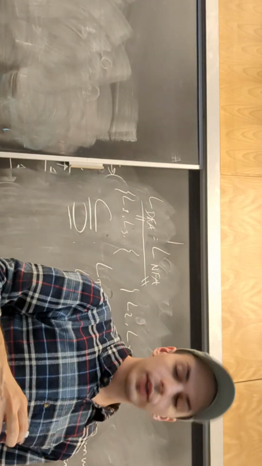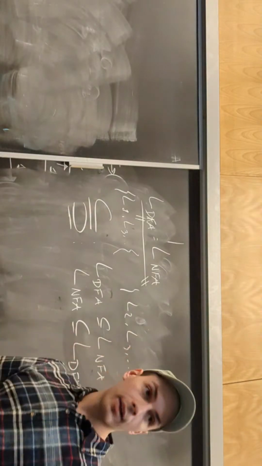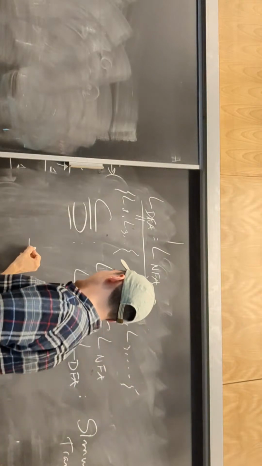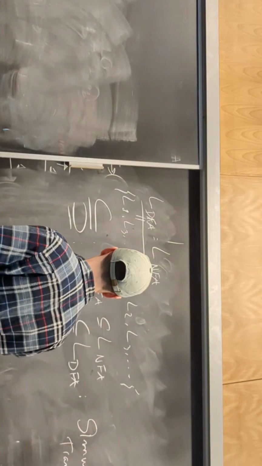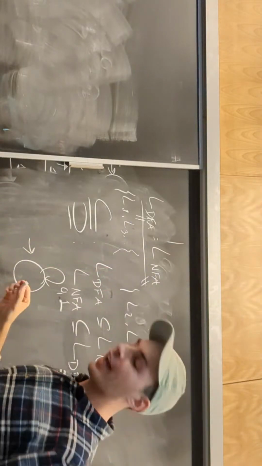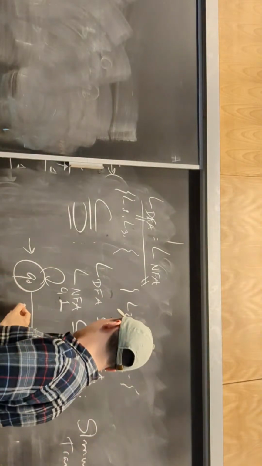Now, how do we do this? Let's see, I have to be smart with board management. Okay, so let's draw an NFA, okay? Meaning, let me draw an NFA. It's not like you're going to help me draw it. And let's convert it to a DFA.